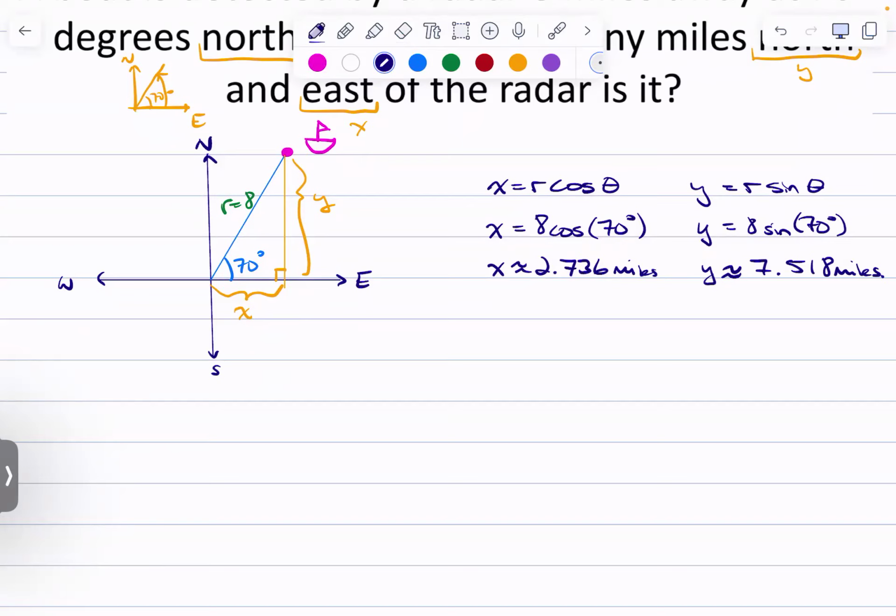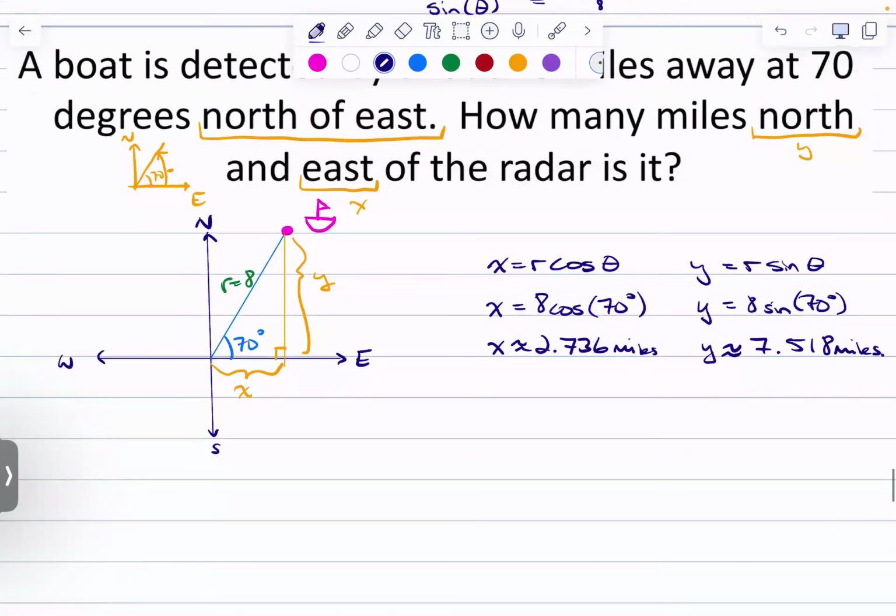You can confirm this, because now you have a value for the X. It is rounded, so there's a little bit of wiggle room. The cosine is adjacent over hypotenuse. The cosine of 70 I have is 2.736 divided by 8, and if I do the cosine of 70, I get a difference of 0.